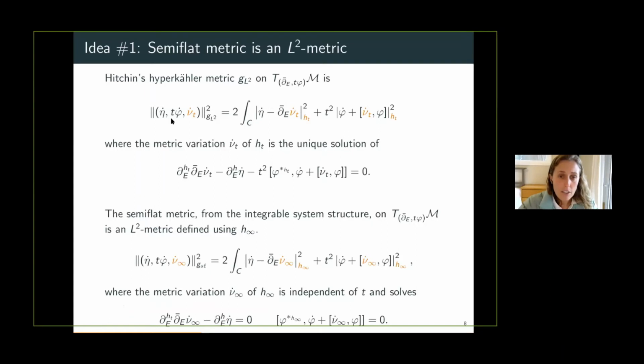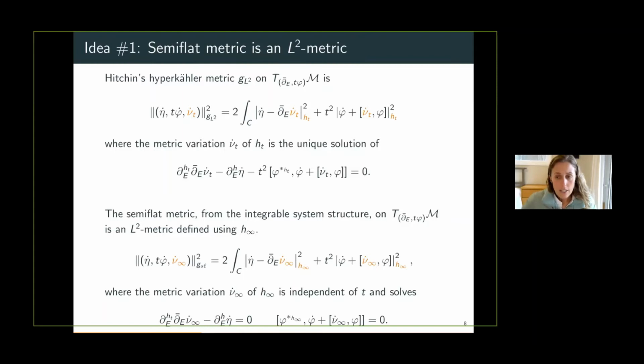As you consider a Higgs bundle variation, eta dot and phi dot, you can also phrase this in terms of a metric deformation, nu dot of t of h of t, and then the L2 metric can be written in this way as the sum squared of these two deformations with respect to h_t. And this metric variation is actually the unique solution of this equation here.